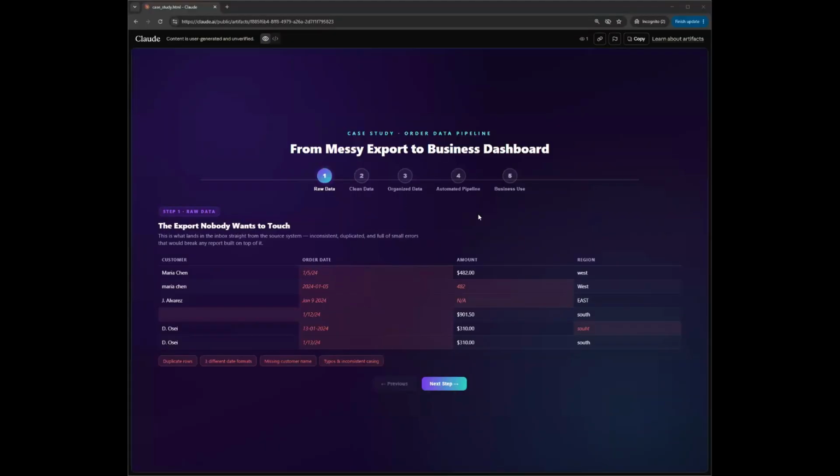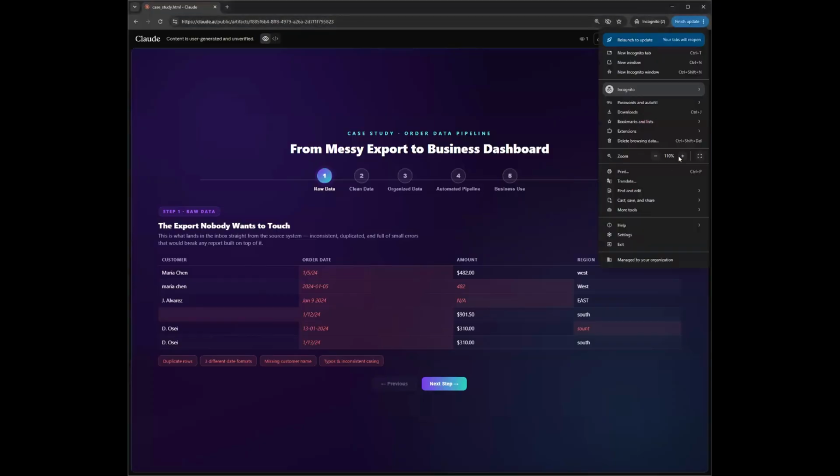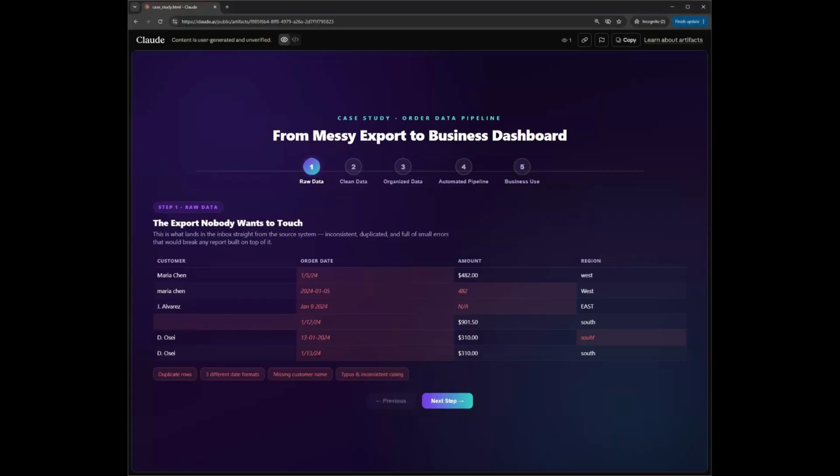So essentially, instead of going over what we're going to teach, let's really look into a little demo of what the problem is today. So what you're looking at, let me make this bigger for you guys. Hope everyone can see. This is essentially a snapshot of what actual data looks like when it lands in a business's inbox. It's not clean, it's not organized.